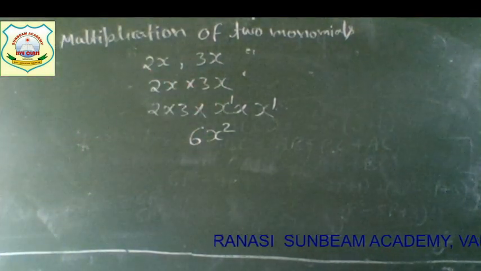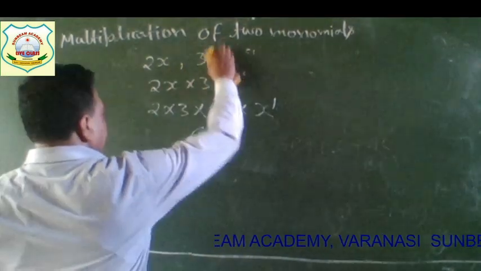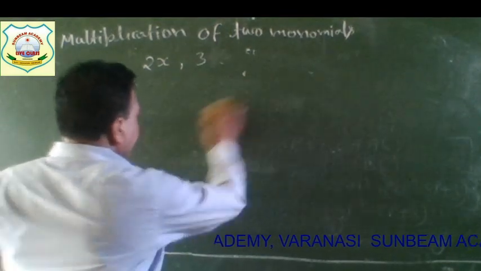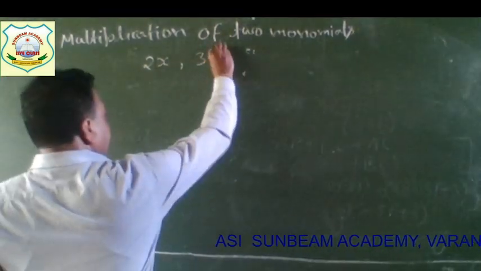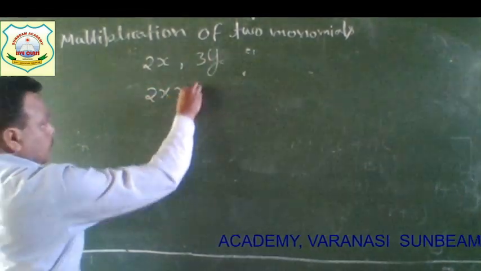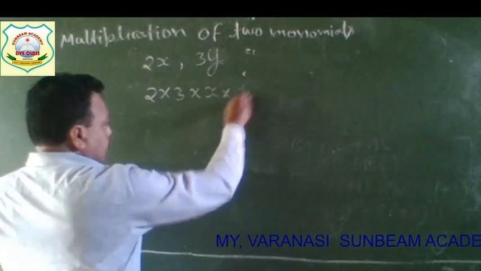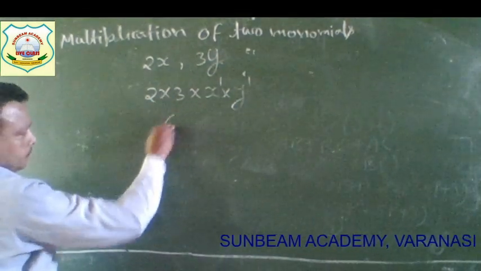Next one, we have taken the same variable. Now we will take different variables. One is x we have taken, and the next one is y. So what will happen? 2 into 3, then x into y. They both have power 1. 2 threes are 6.